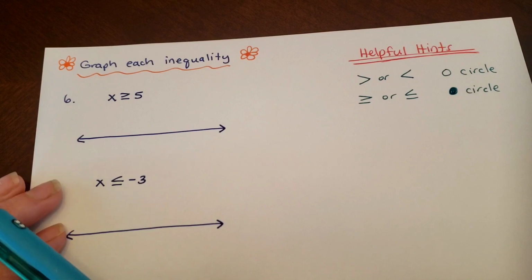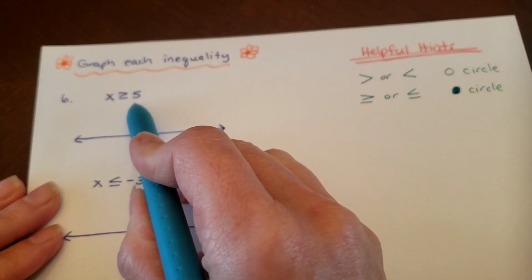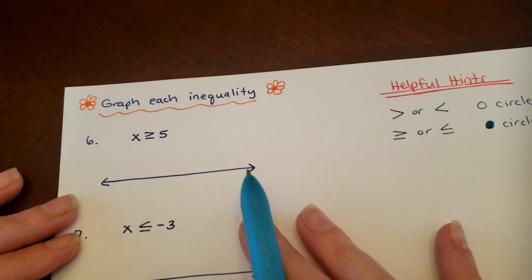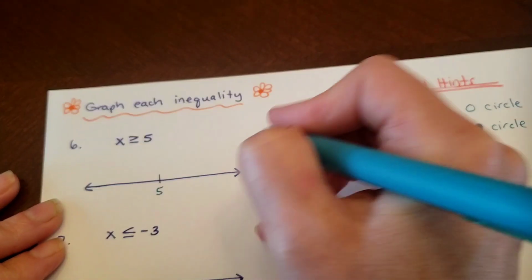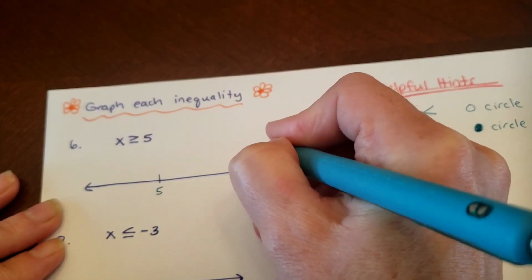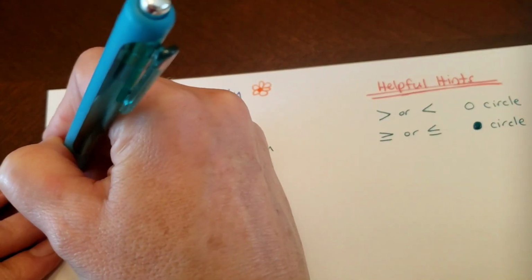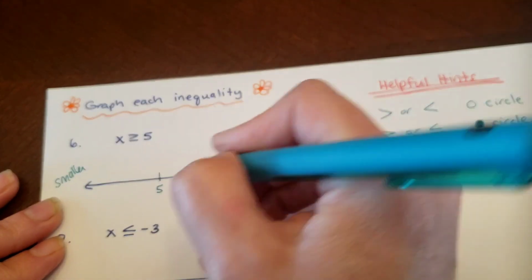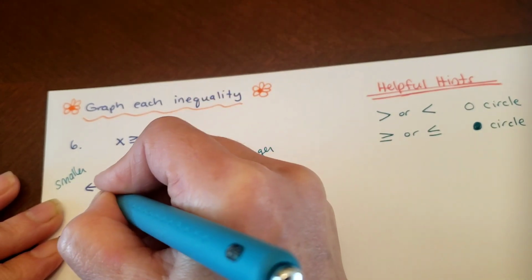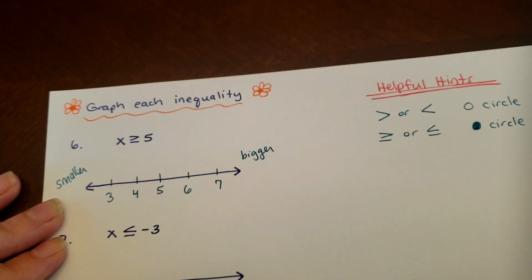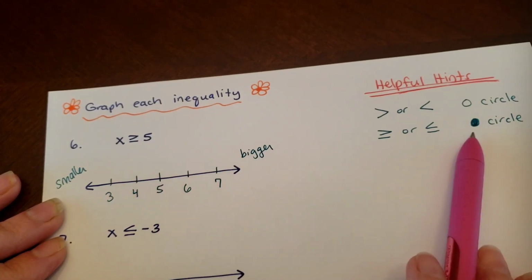So we're going to put the number that they give us it equal to in the center. Sorry, it's going out of focus a little bit. So I'm going to put 5 here in the middle. I need numbers bigger than 5 on the right, numbers smaller than 5 on the left. So you could go 6 and 7 and 4 and 3. Because it has the bar, it's going to be a solid circle.